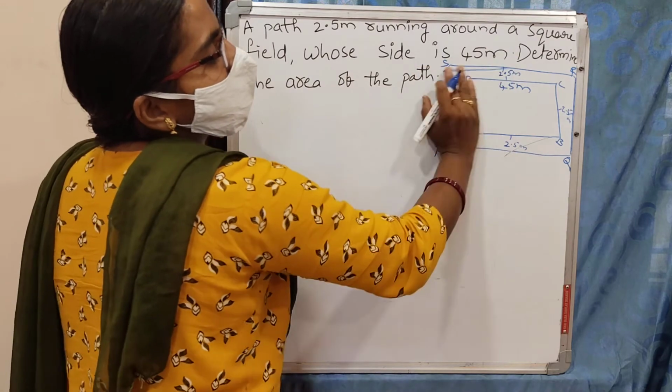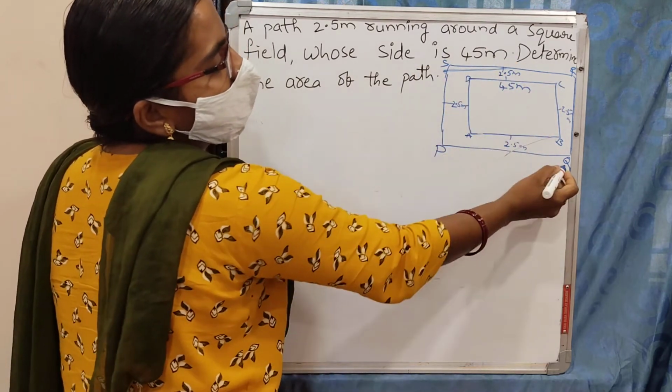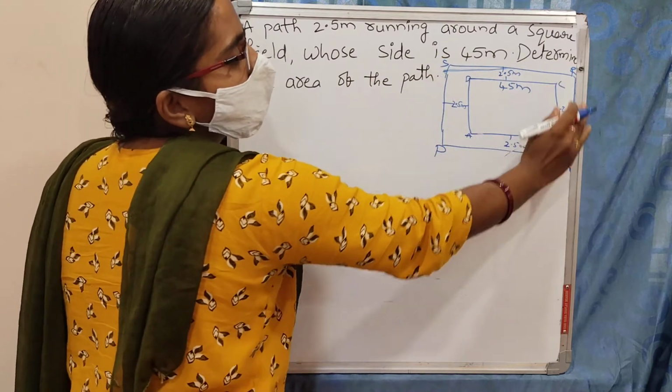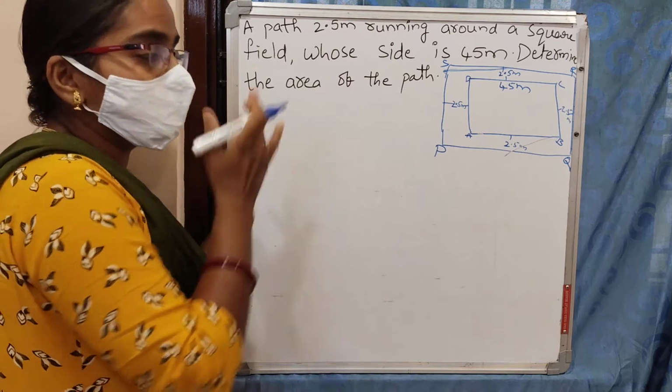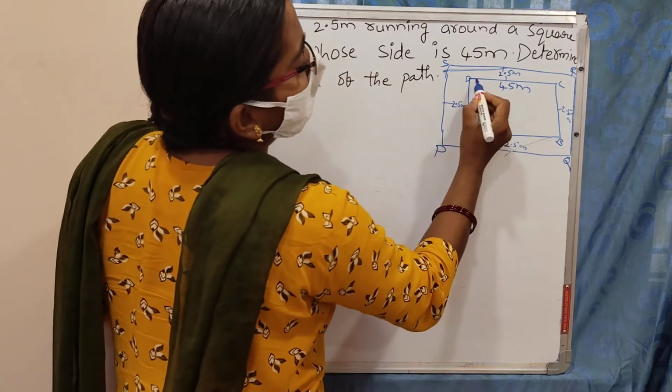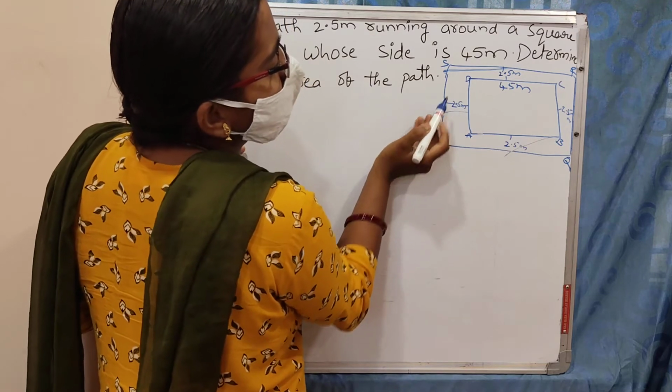So if you take this total, just forget about ABCD. If you observe now, PQRS is also a square. So what is the side of PQRS? Here this is 45 meter and you can observe here the width is 2.5.